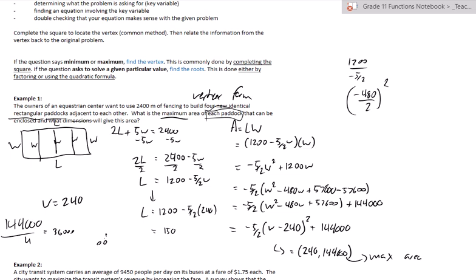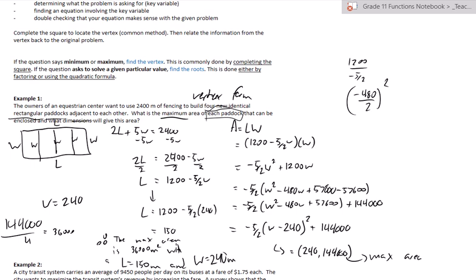So therefore, the max area is 36,000 meters squared with a length of 150 meters and width of 240 meters.